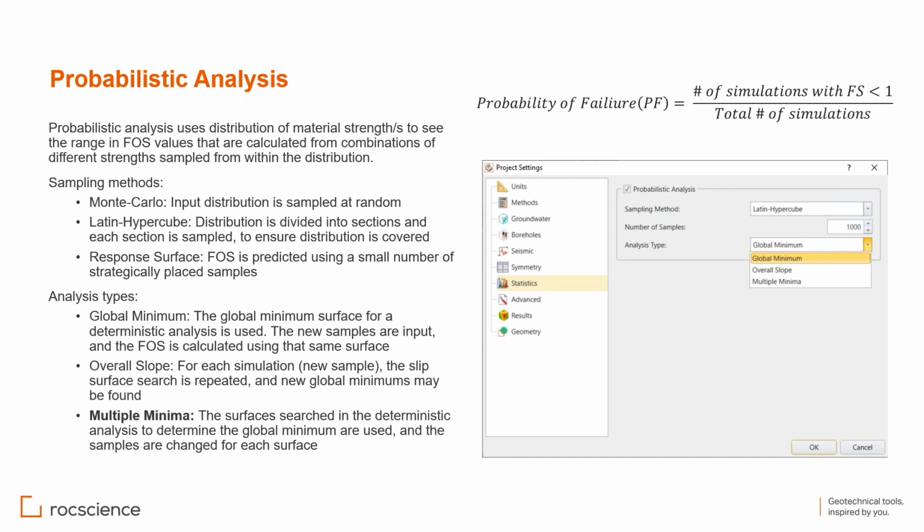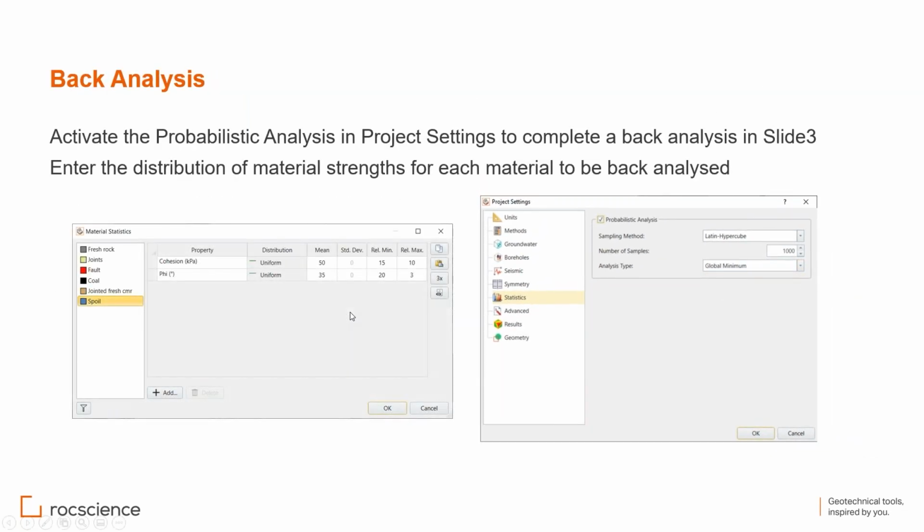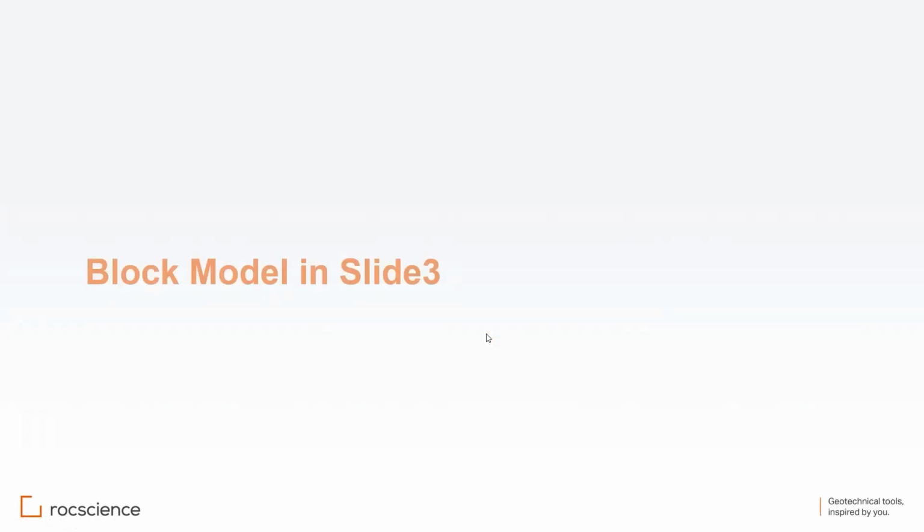But if you require 1000 simulations using Monte Carlo or Latin hypercube simulation, you need only about 30 using the response surface method, which is very important for 3D modeling. For 3D modeling, you can't do thousands of simulations because it's time consuming. You can do back analysis using this probabilistic feature as well, which we'll explain in the third webinar.